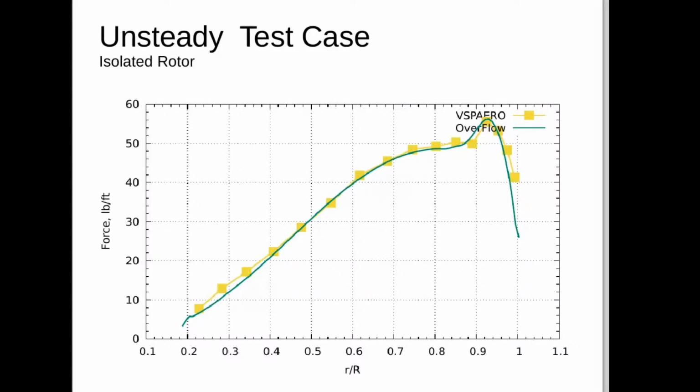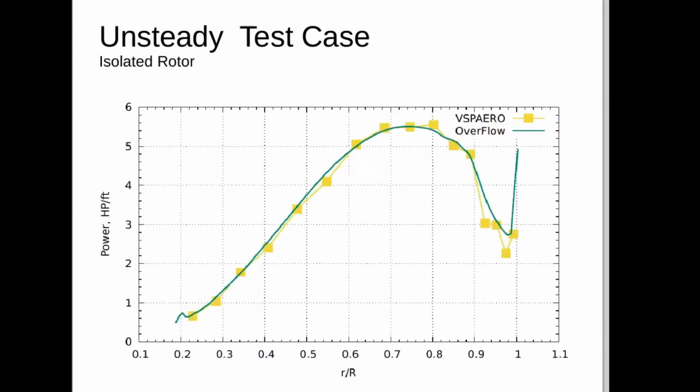And you can see the effect of the shed vortex from the previous blades affecting the solution out near the tip. But in general, VSPAERO is doing a really good job of not just qualitatively predicting that shape of that downstream wake, but also its effect on the overall loading of the rotor blade.